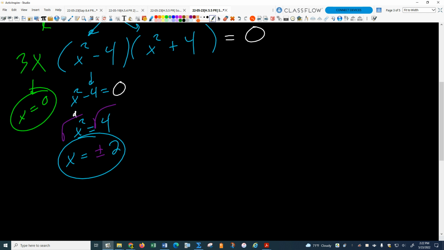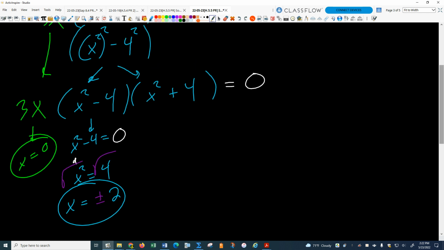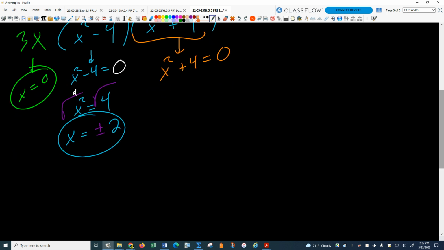Okay, good. And then the last one, I don't have a choice because there is no pattern for this one, right? This one's a sum of squares, x squared plus 2 squared, which doesn't factor. So we've got to just set it equal to 0 and solve. So if we do that, everybody agree we're just going to get x squared equals negative 4. So what's that going to become if I square root both sides?